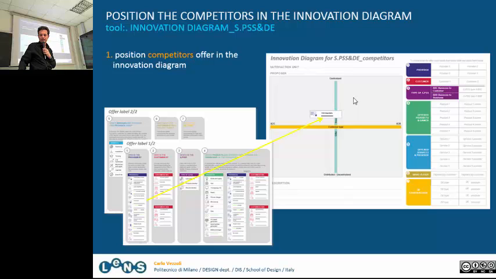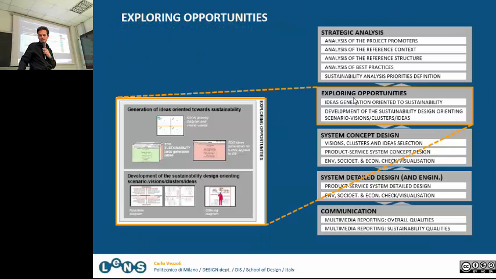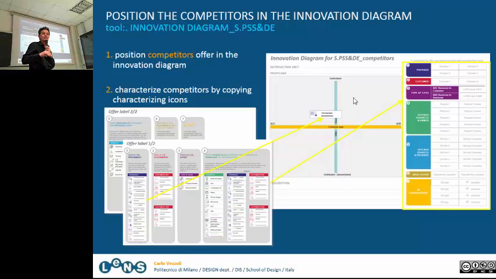Okay, you can highlight even where the competitors are, and you can profile them. This is the same as the other one that we saw before for your offer. I think that I already said this, but it's okay.